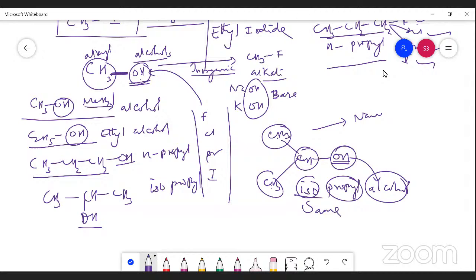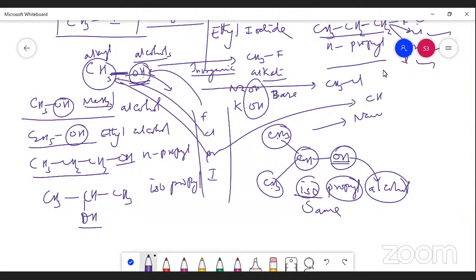Chlorine is removing this OH. This is the concept you should understand. This will give CH3Cl. This Br is removing this OH. Now the compound we can write is CH3Br.